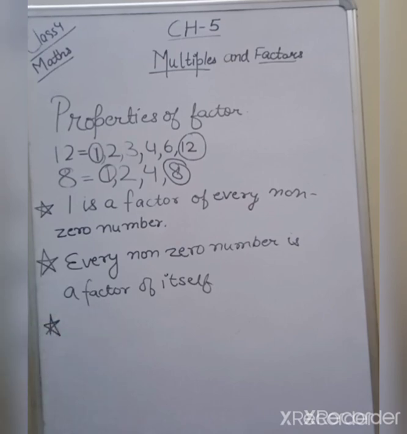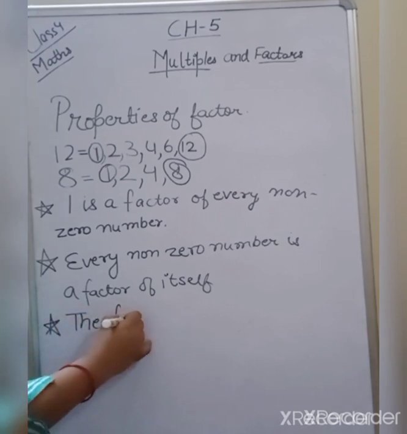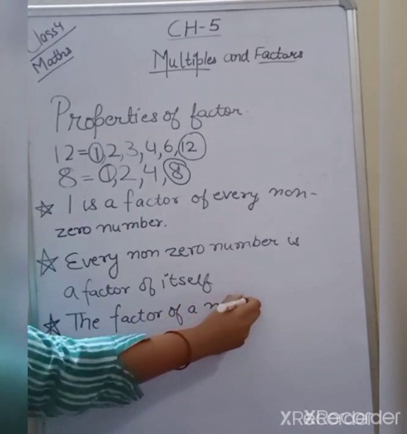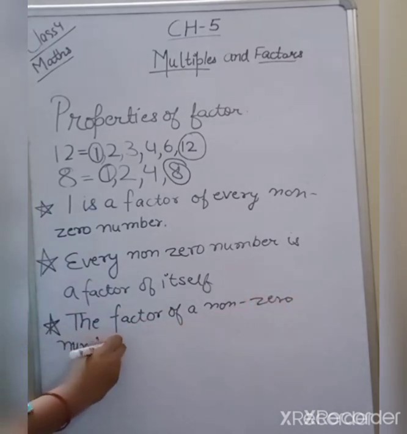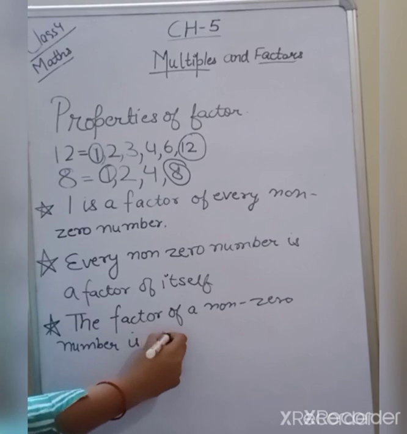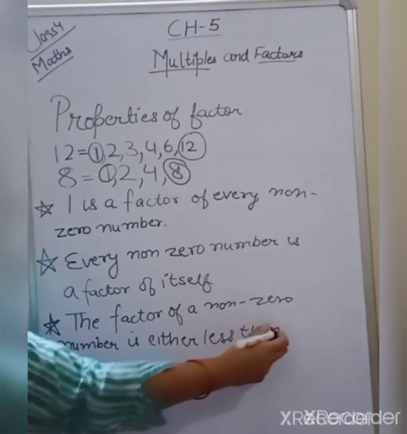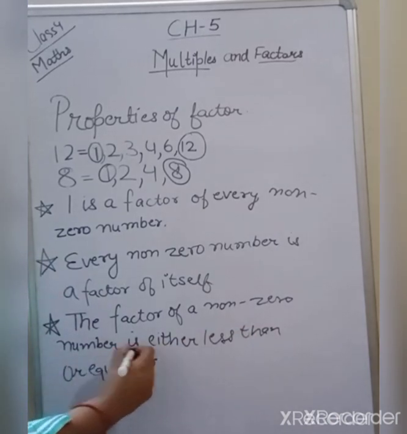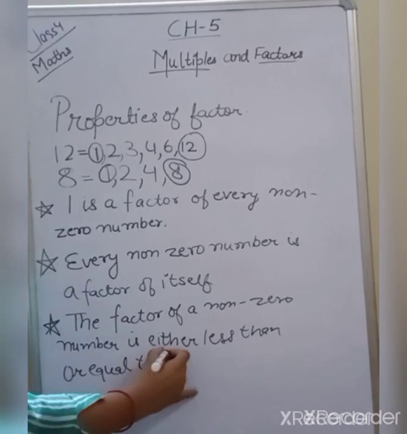The third property is that the factor of a non-zero number is either less than or equal to the number, right?